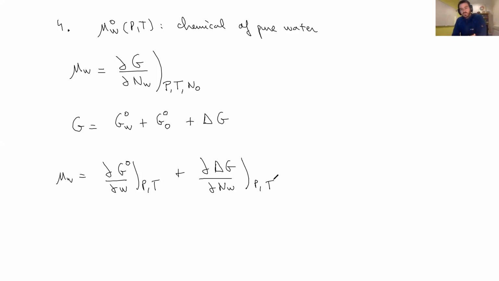All right. And the first term is nothing but the pure chemical potential. So in fact, the chemical potential is the pure reference plus a correction due to the mixing that we want to estimate.